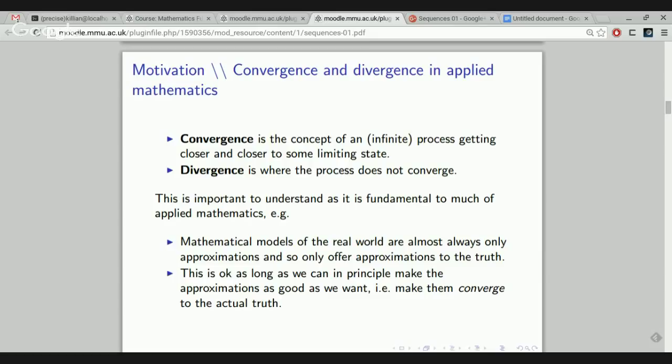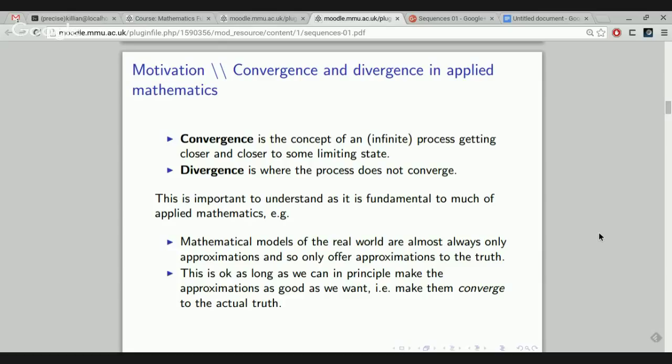So things converge, they get closer to some final state. Divergence is when convergence doesn't happen. A process is divergent if it is not converging to some fixed limiting value. This is a vague definition of those terms, but that idea of things getting closer and closer to some limiting state is convergence. Not doing that is divergence, the opposite.